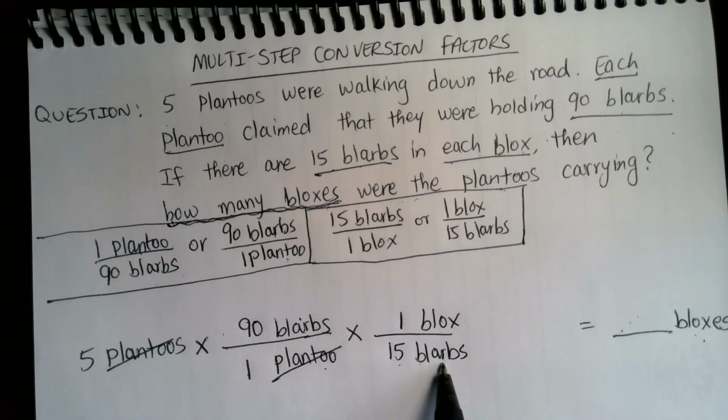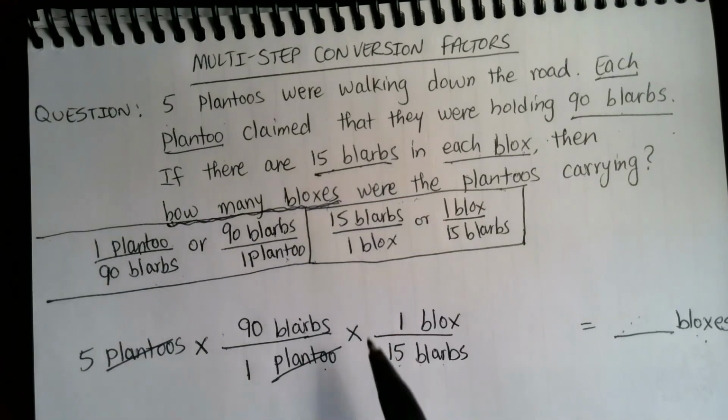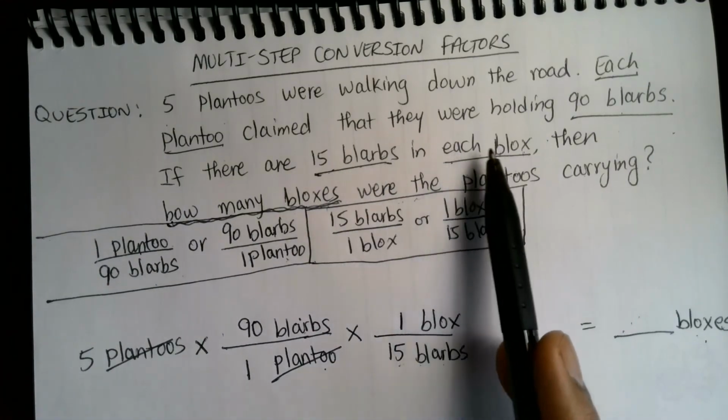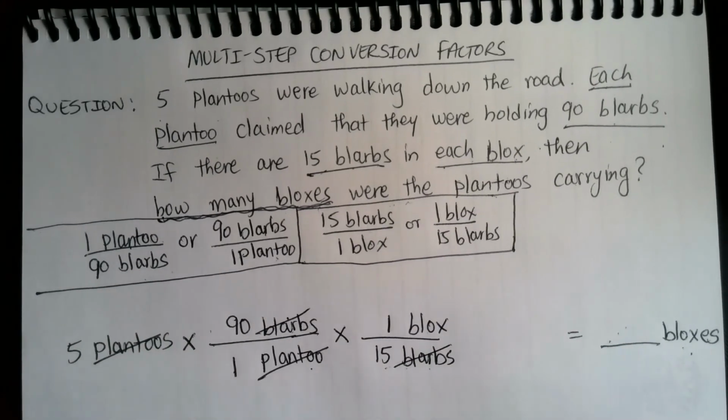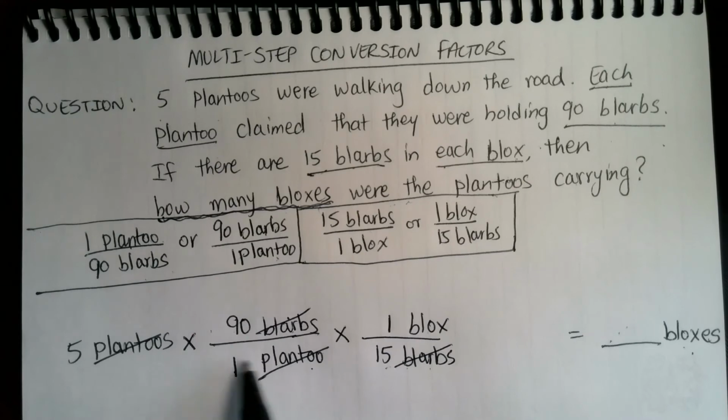Keep in mind where you're putting the numbers. 15 blarbs in each blocks, in 1 blocks. Okay. So now blarbs and blarbs cancel. I'm left with blocks. What am I looking for? Blocks. I have my answer. All I need to do is multiply everything at the top, divide everything at the bottom. Okay? Multiply everything at the top, divide everything at the bottom, and you have your answer.